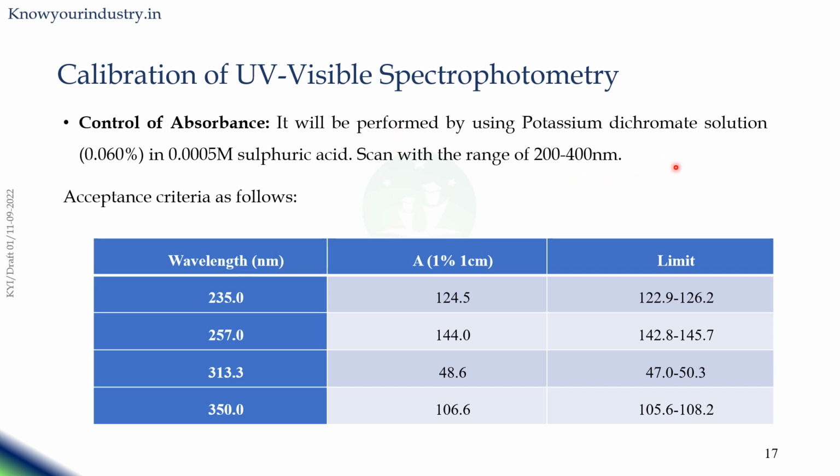So when you scan this particular range, at 235 nanometer wavelength, you should get the absorbance of 124.5, and the limit for this particular wavelength is 122.9 to 126.2. So if you are getting results within this limit, then the control of absorbance is good for your instrument. Similarly, for other wavelengths, the acceptance criteria is given based on which the instrument is calibrated for the control of absorbance.